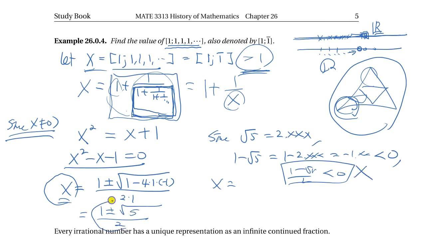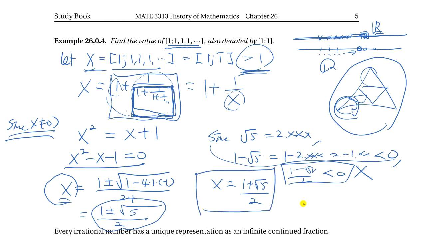So even though we got two different answers for x, because of that reason x must be just 1 plus square root of 5 over 2. And that should be the answer. Okay, so that infinite fraction form 1, 1, 1, 1, dot dot dot, is actually 1 plus square root of 5 over 2.